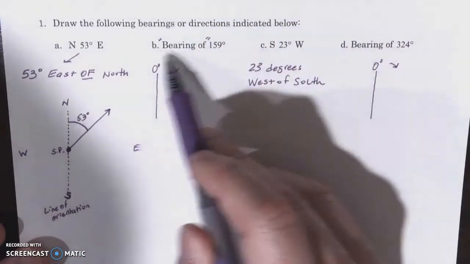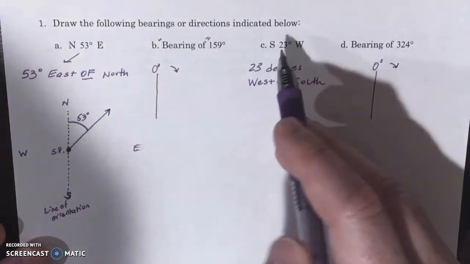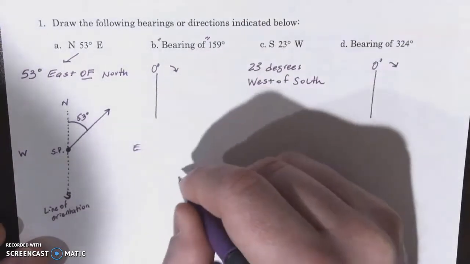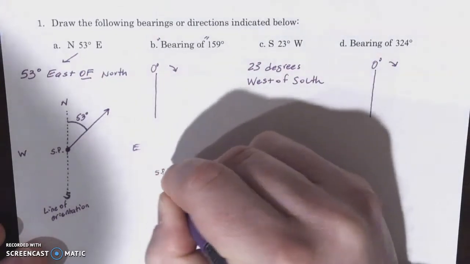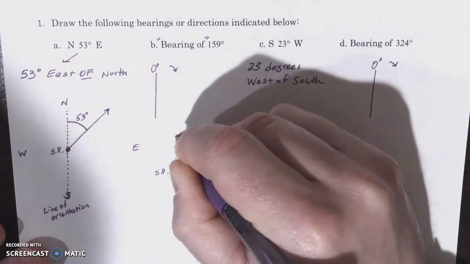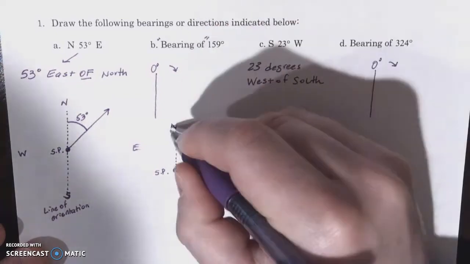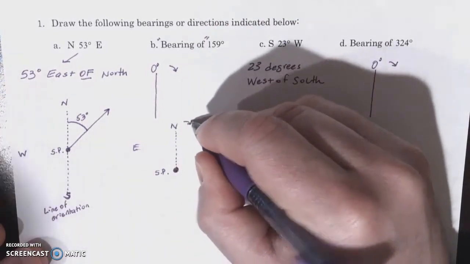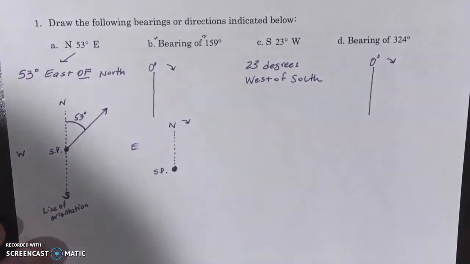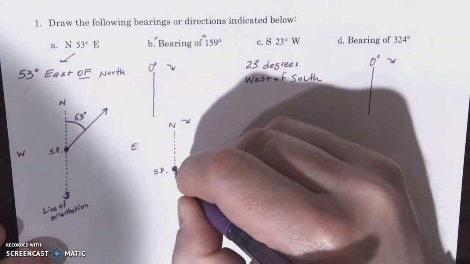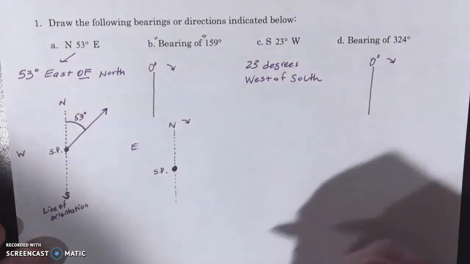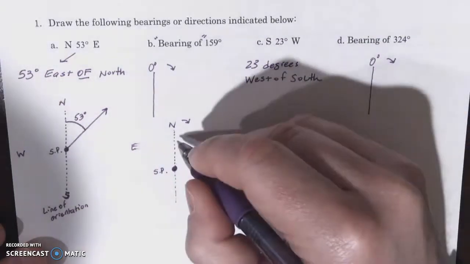All right, part B, a bearing of 159 degrees. So here's our starting point. We always start from north with the bearing of terminology, and we always open up clockwise. 159 degrees is going to be past 90 and almost all the way to 180.